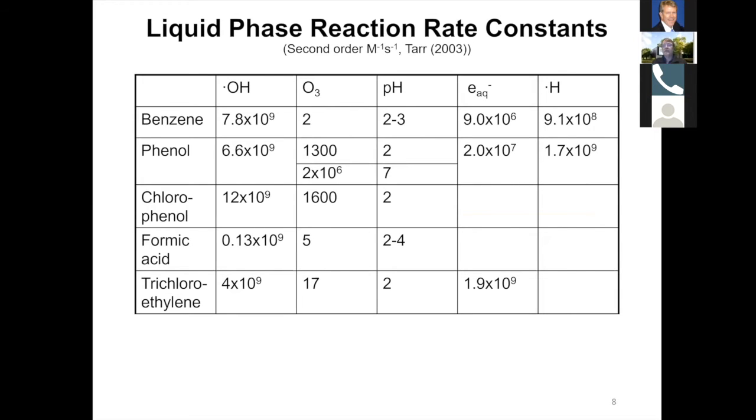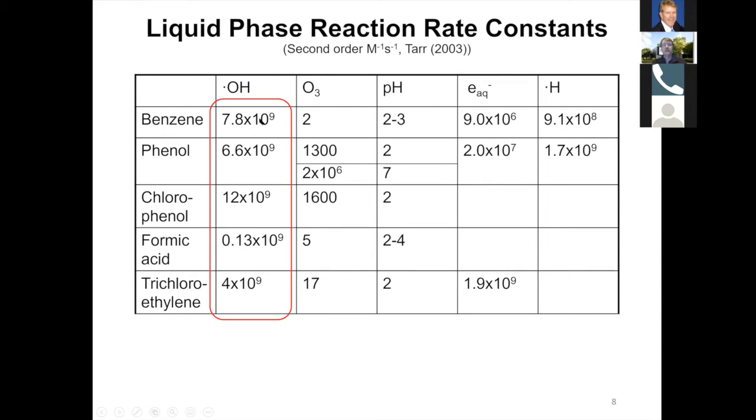I'll just say a little bit, as background in terms of these processes. You can see in this slide reaction rate constants, which are a measure of how fast the reaction occurs. For example, the OH radical with various organic compounds, for example, benzene, phenol, chlorophenol.